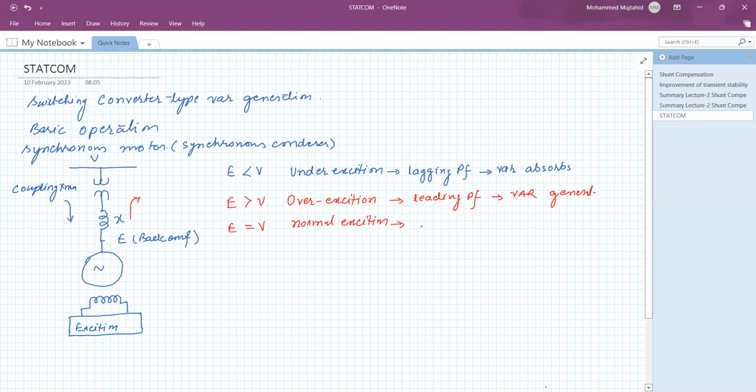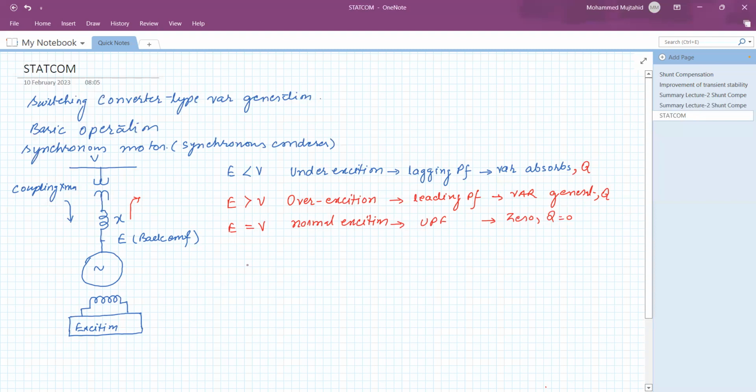Under normal excitation, there is a unity power factor, and VAR generation or VAR absorption is 0. So this is Q equal to 0.